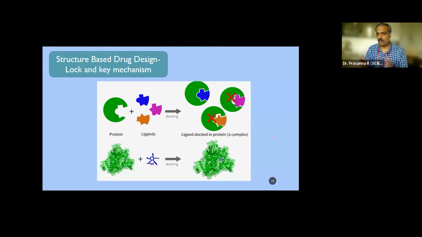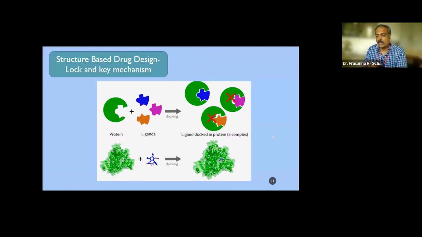Okay, so now we have some sort of a broad idea about what a drug is and how a drug acts on a system, different disorders, and how the different disorders are being taken care of by different drug molecules, and the different stages involved in the evolution of the drug discovery process.